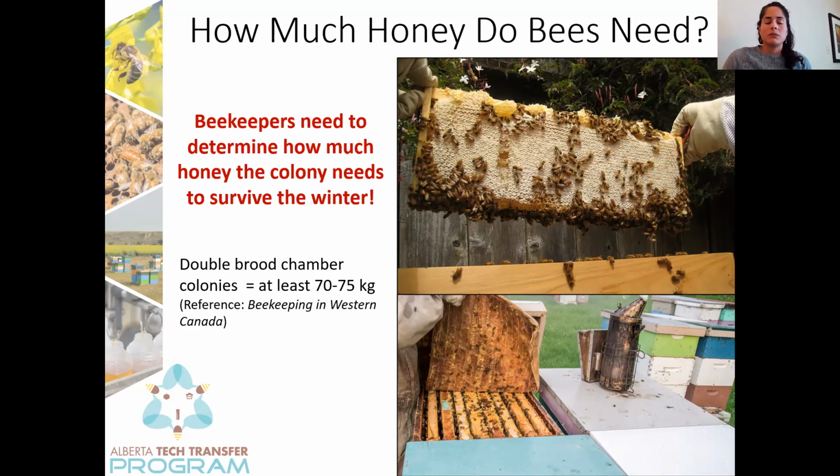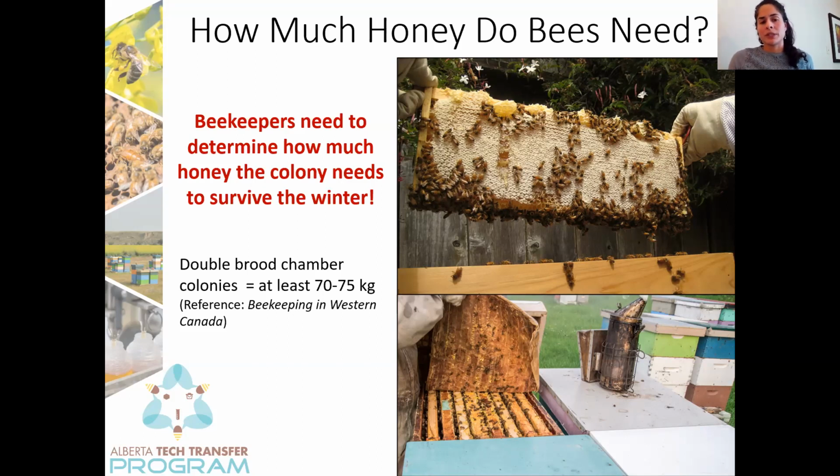Of course, you can use that as a guideline, but you may find that it is slightly less for you. That also depends on whether you overwinter indoors or outdoors. And some genetic lines consume more honey than others.